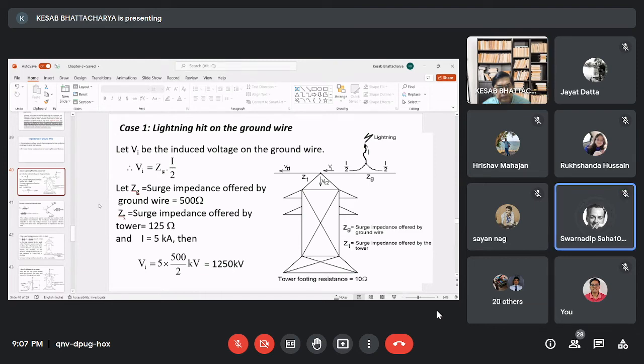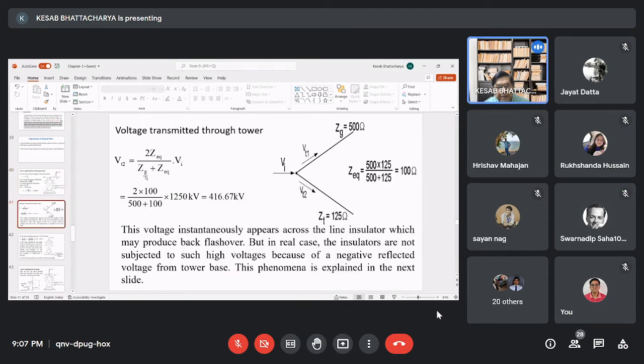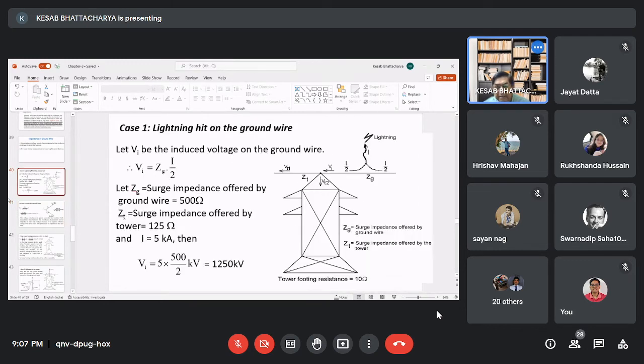Yes, sir. Now what happens? Voltage transmitted through the tower. Now this voltage of 1250 kV, when it reaches this point, finds a discontinuity.